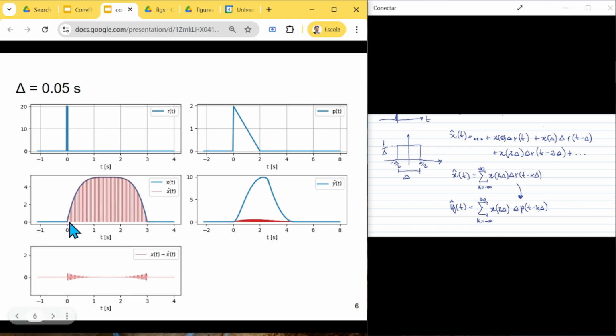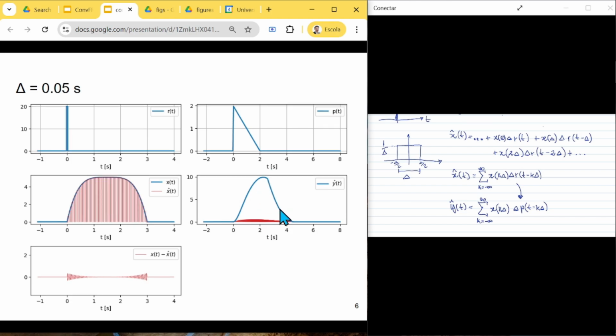Notice that here I have many rectangles with very short duration, but they're not very high in amplitude because I am multiplying by this delta. So I have many very low amplitude responses here, but they are so many that when I sum all of them, they sum up to something reasonably large in amplitude.